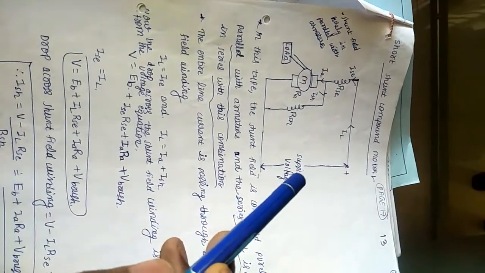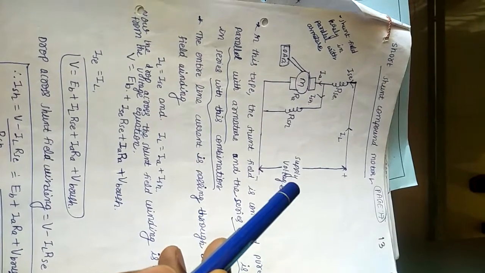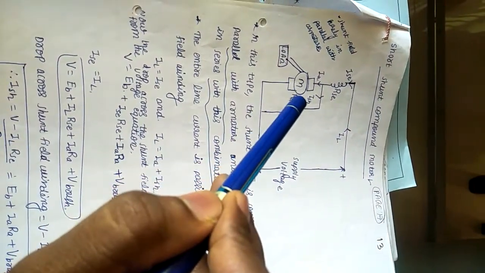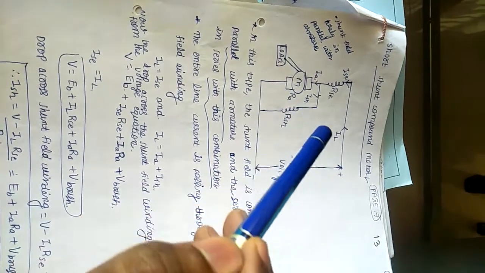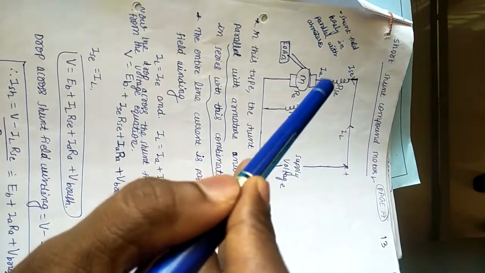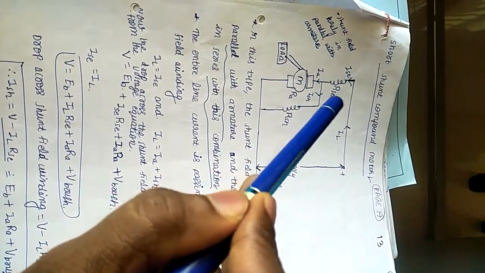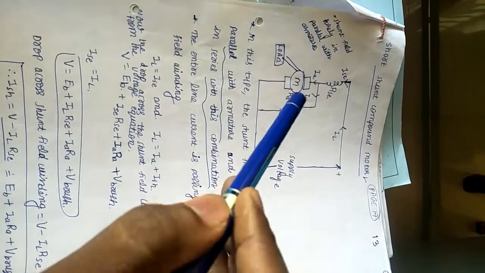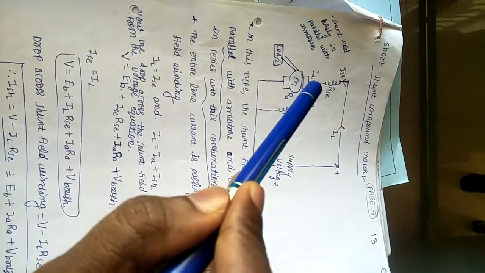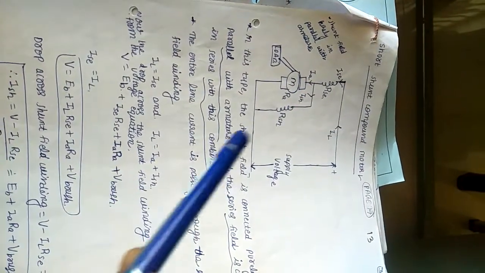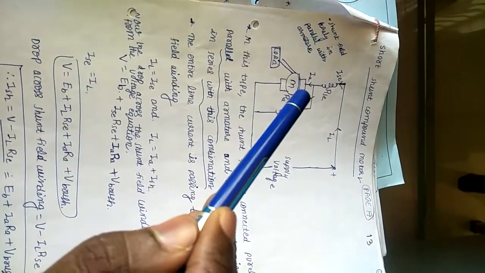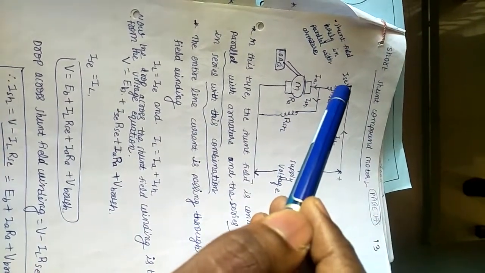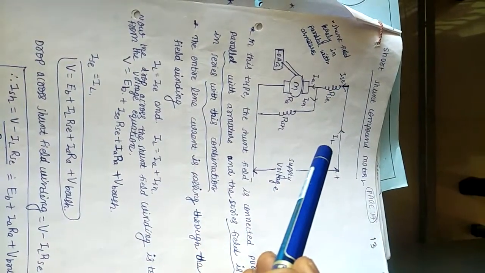So the total supply voltage V is nothing but the back EMF generated in the armature plus the drop across the series connected field winding, that is ISC into RSC, and the drop across the armature IA into RA, and the voltage drop across the brush V brush. From the diagram I can write ISC is equal to IL.